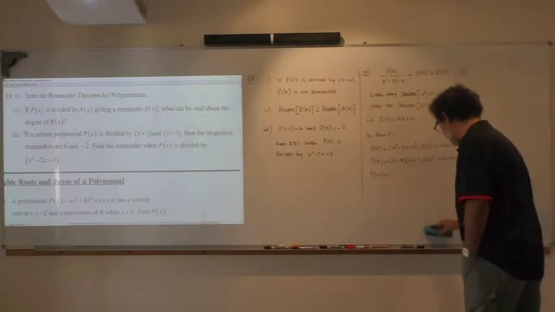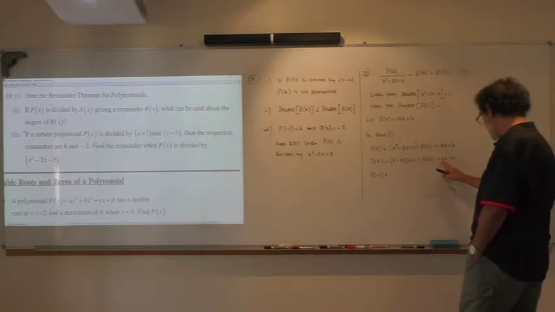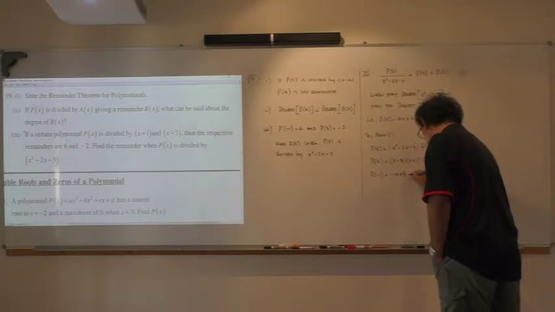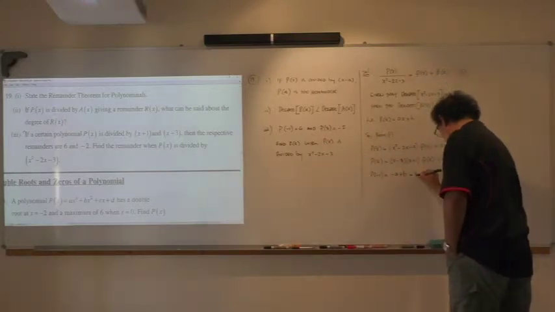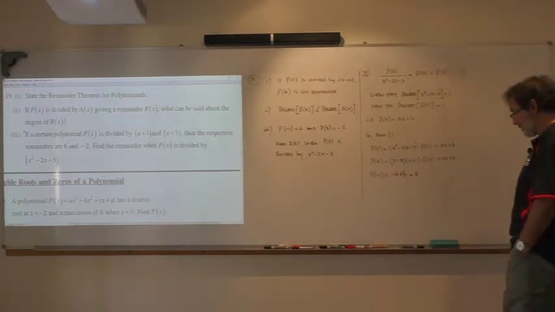Sorry, we need to substitute the negative 1 in here, so it's going to be a times negative 1, so it's going to be minus a plus b, and that is equal to 6. So p at negative 1 is equal to 6.